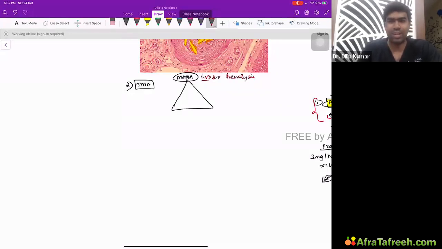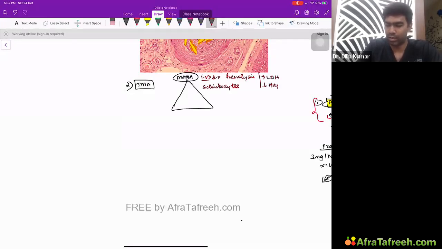That is due to tearing and shearing of the RBCs. So they'll be having schistocytes in the peripheral smear, which is very classic. Along with it, they'll be having extremely high LDH, low haptoglobin, and they might be having hemoglobinuria also. These are additional stuff. But the most important point is MAHA, seeing schistocytes. This is the most important point.